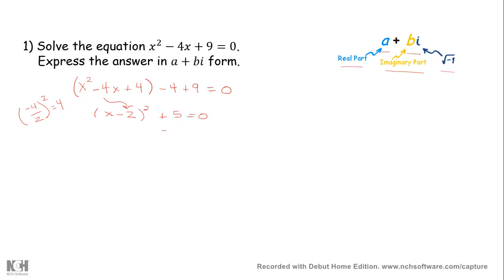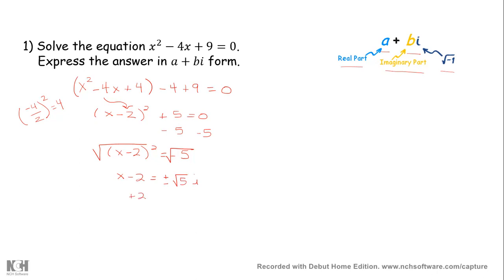Now I'm going to subtract 5 from both sides, and I have x minus 2 squared equals -5. Taking the square root of both sides, I get x minus 2 equals plus or minus, and know that there's a negative under that square root, so I'm going to take that out as an i, but I still have the square root of 5, which I can't simplify.